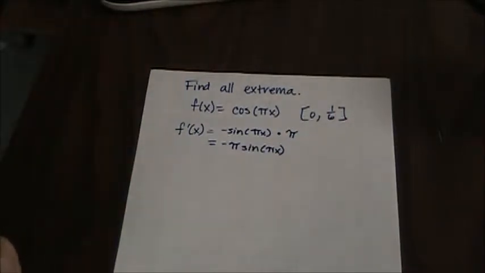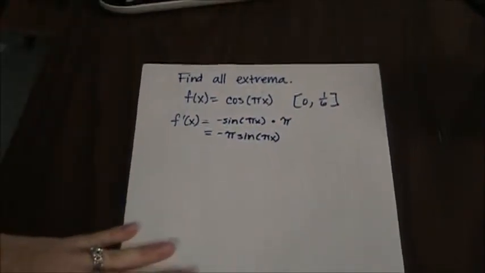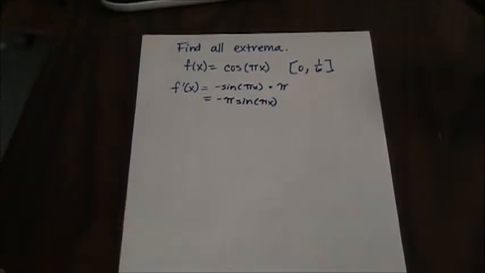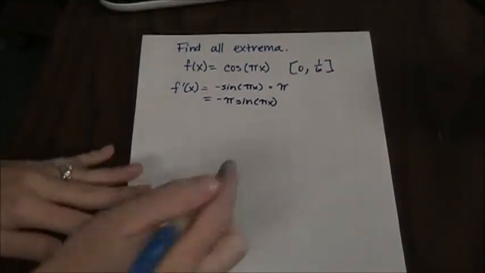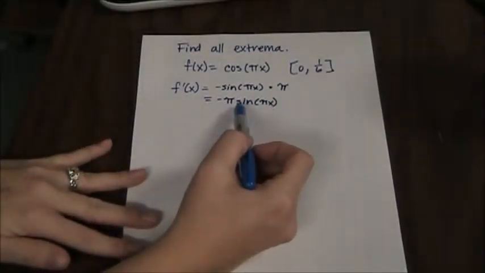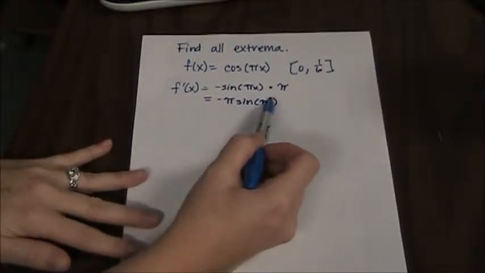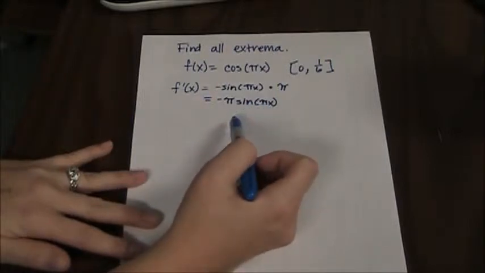Now, in order to find my critical values, I've got to find where the derivative equals 0 and where it's undefined. Well, the function sine is undefined nowhere, and since there's no quotient in the angle, sine of pi x is not undefined anywhere.